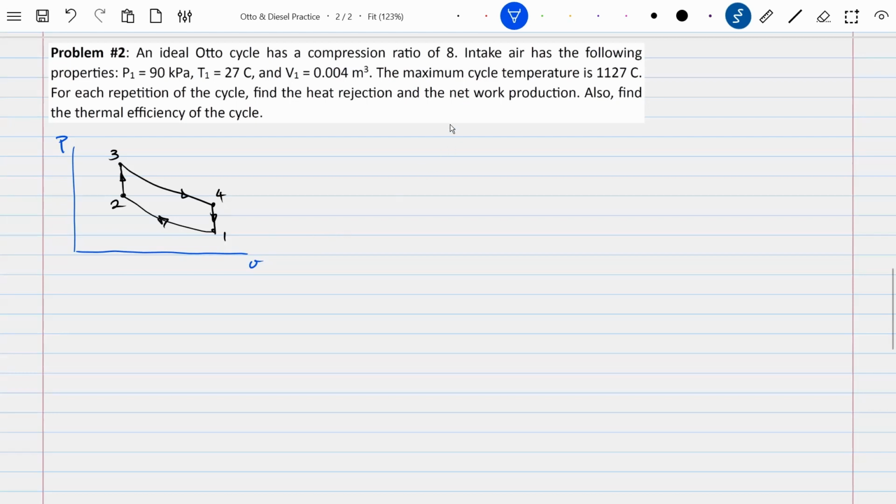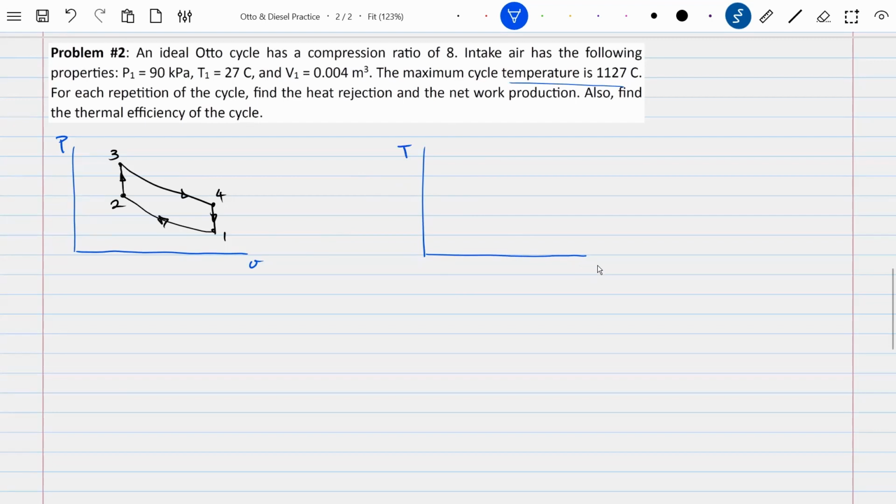All right, now the problem says that the maximum cycle temperature is 1127. Maximum temperature for the cycle is good, but I can't see it on a PV diagram. So I'm adding a TS diagram as well.